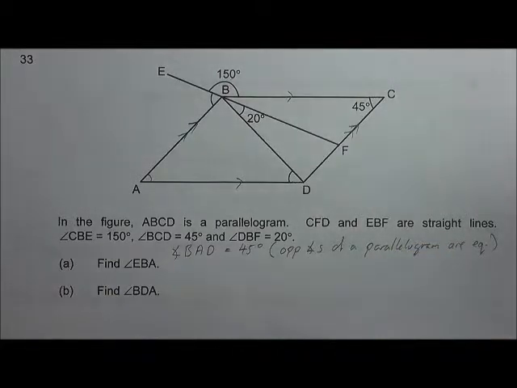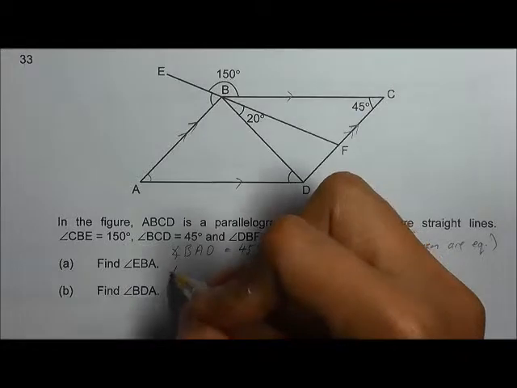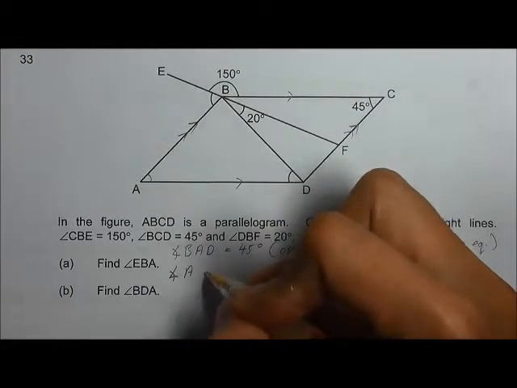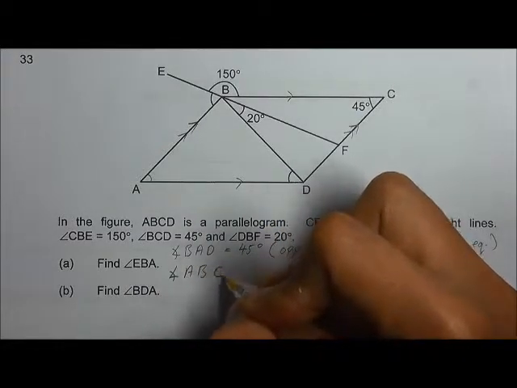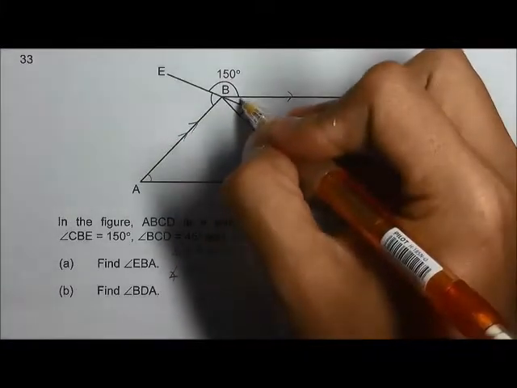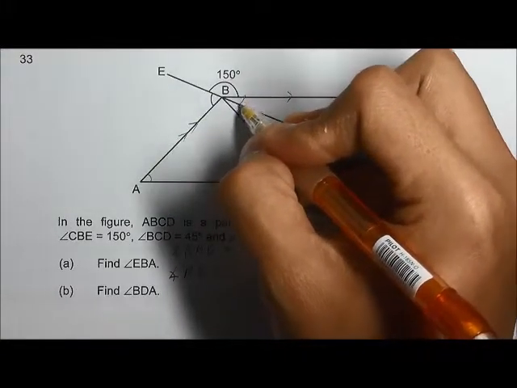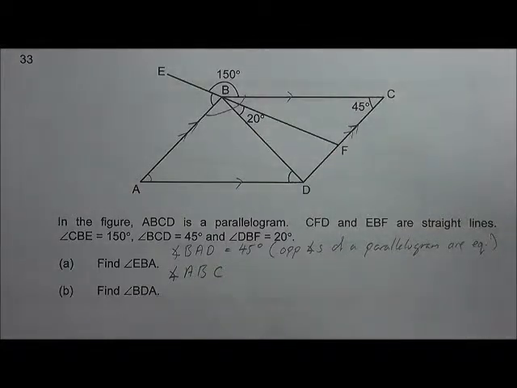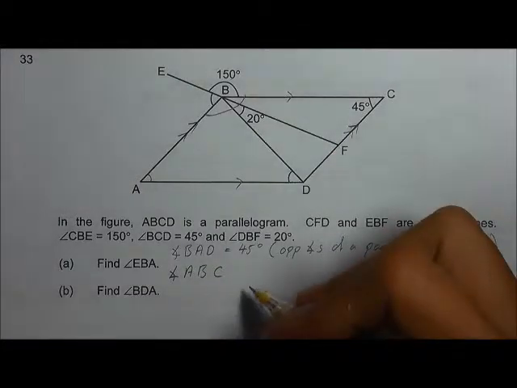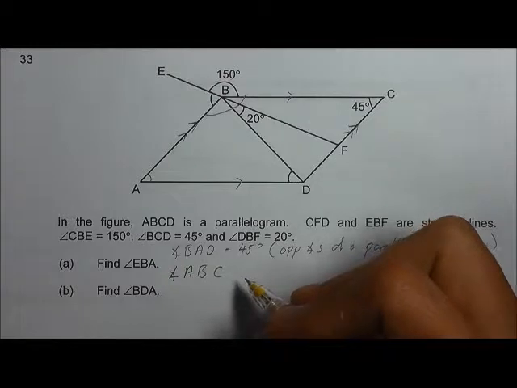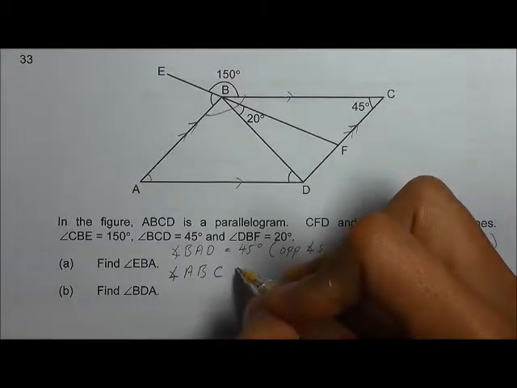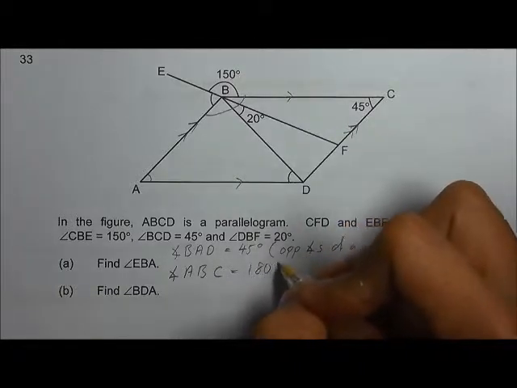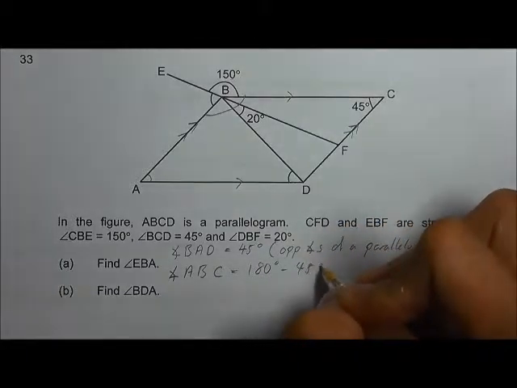Okay, next we can find angle ABC. Okay, angle ABC, which is this angle here, is equal to 180 degrees minus 45 degrees.